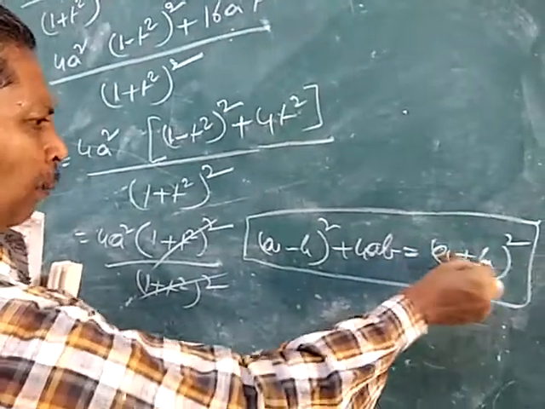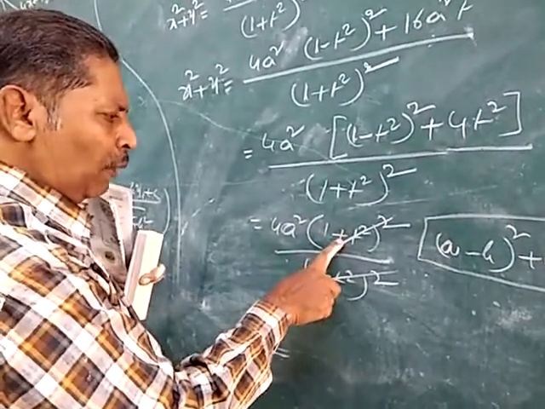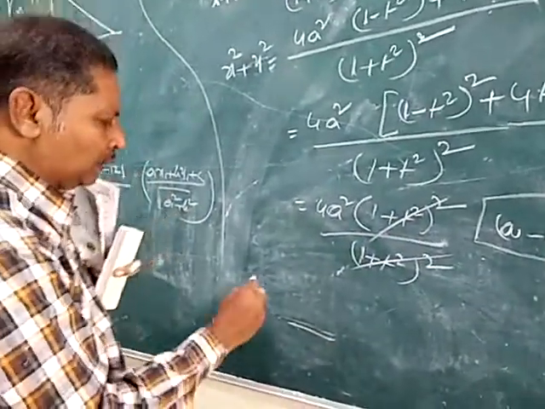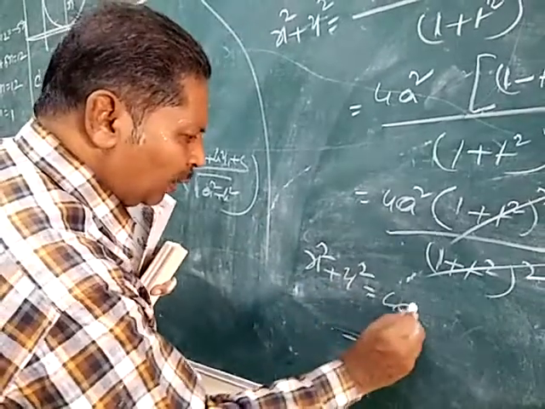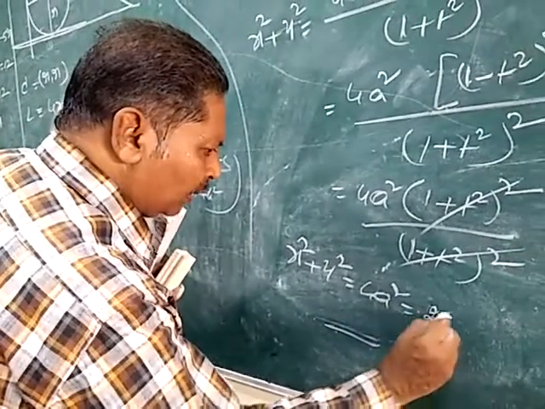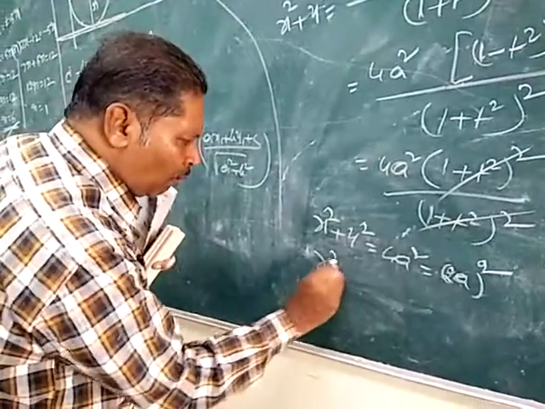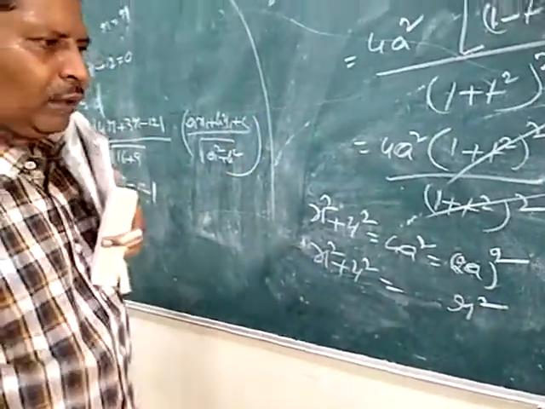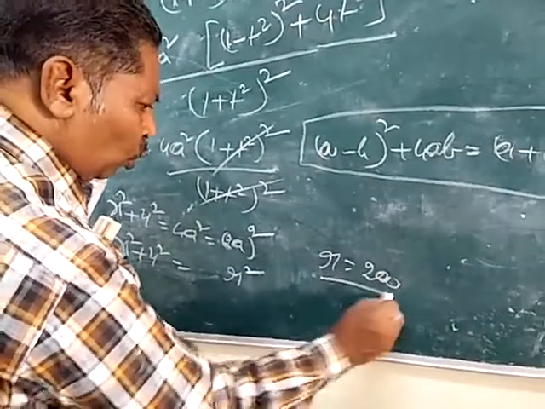So the total is (a plus b) whole square, that is, a value 1 plus b value t square, (1 plus t square) whole square, which cancels. So x square plus y square equals 4a square, that is nothing but (2a) whole square. This is in the form x square plus y square equals r square. Therefore, the radius r equals 2a.